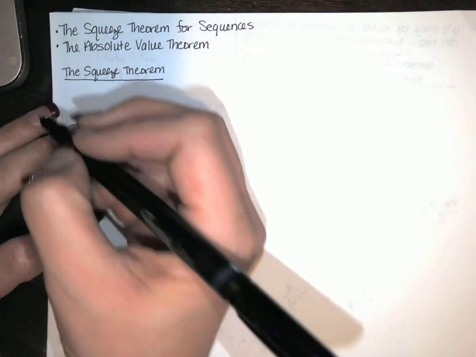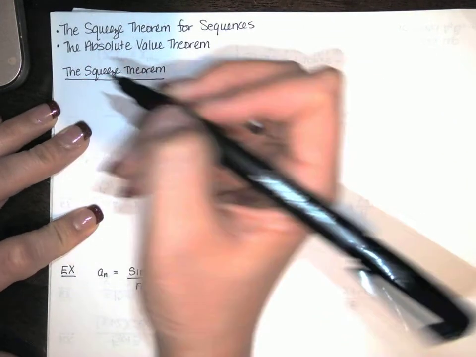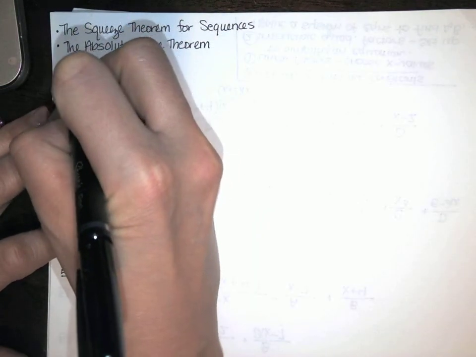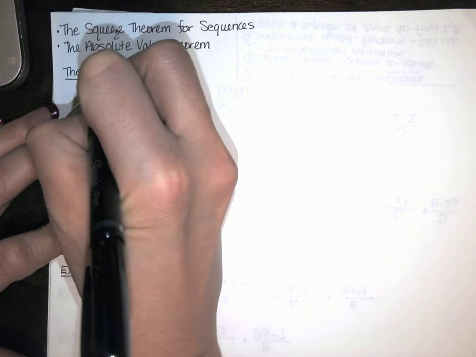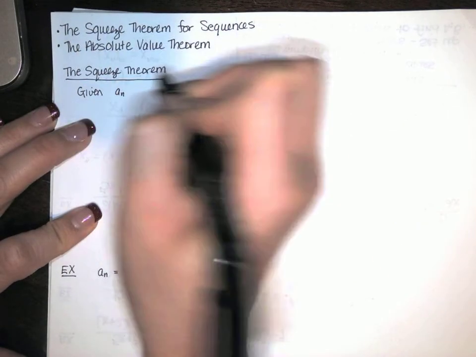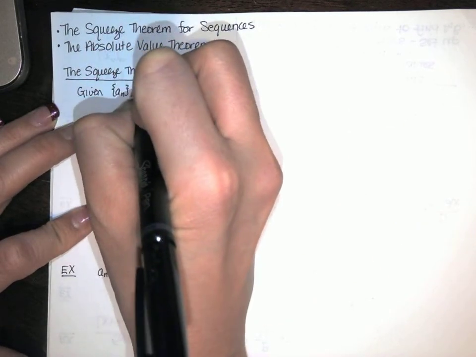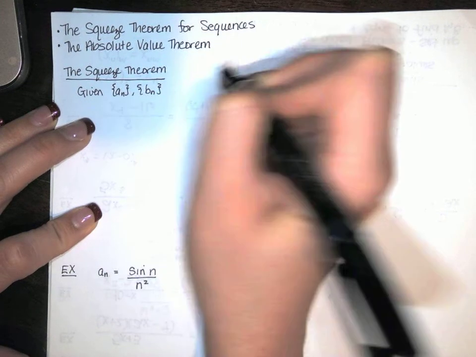So here's the theorem. Let's say you have three sequences, and they're represented by A sub n, B sub n, and C sub n.